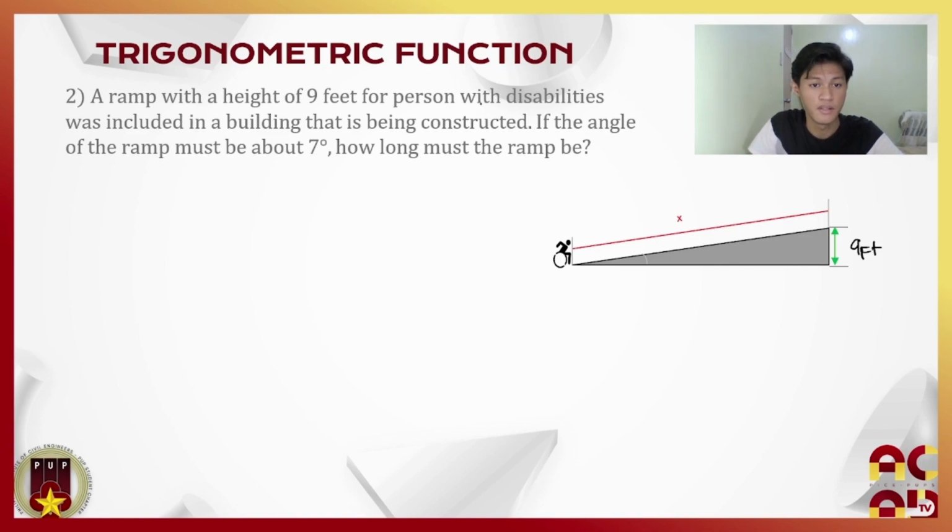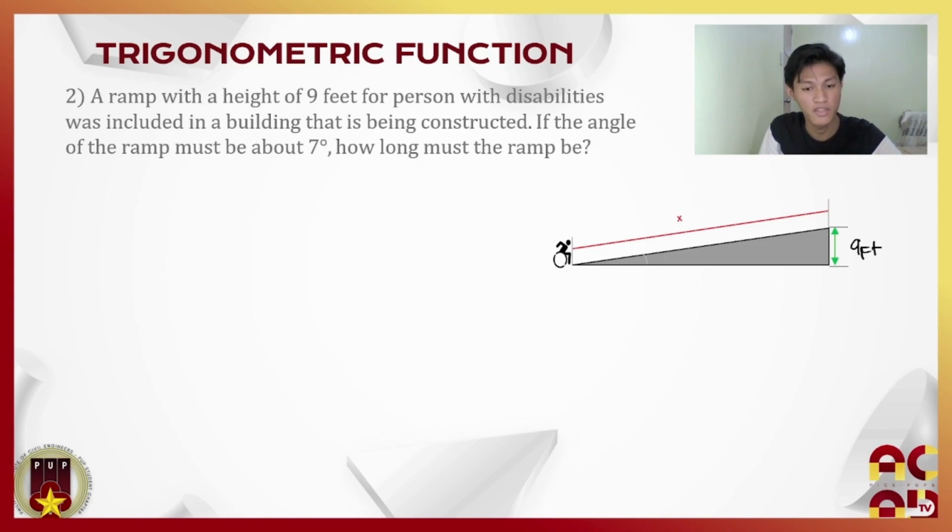Then, ano pa yung given? And then, meron tayong 7 degrees na reference angle. Ayun daw yung angle ng ramp. So, basically, dapat 7 degrees yung nakikreate ng ramp to the ground. Kasi pag masyadong steep, hindi na healthy para sa a person with disabilities kasi baka mamaya mahirapan din siya, 'di ba? Hindi rin magamit.